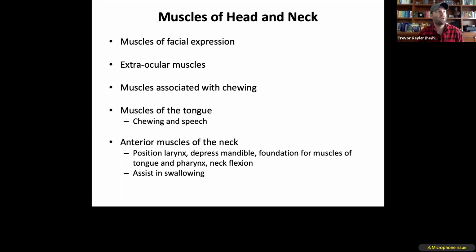The extraocular muscles, these are what help move the eyes. Okay. Muscles associated with chewing, what we call mastication. Muscles of the tongue, these are necessary for both manipulating food within the mouth and allowing us to form different words. And then the anterior, so the front muscles of the neck, and we'll review all these.